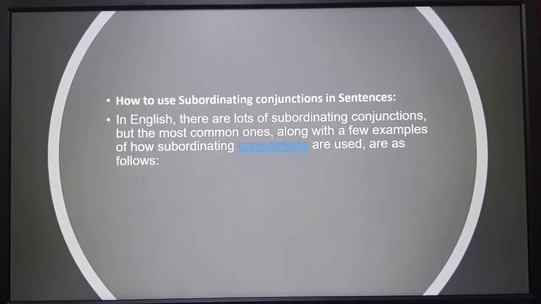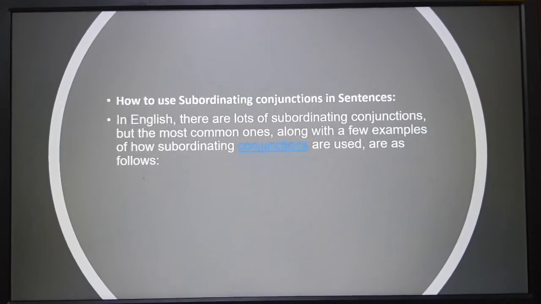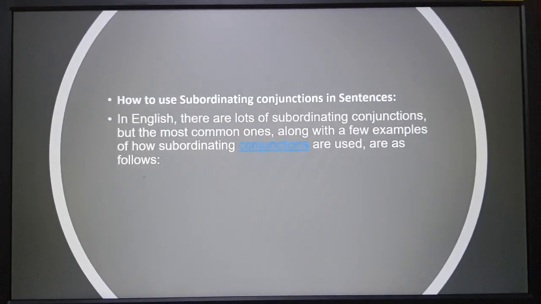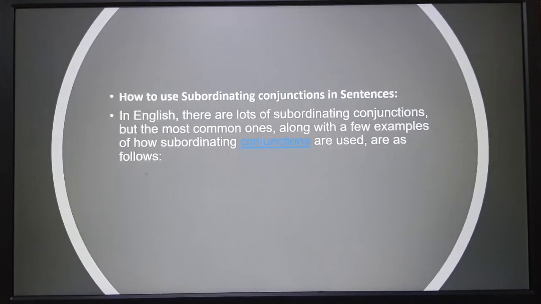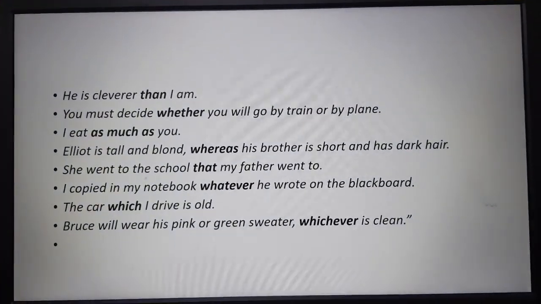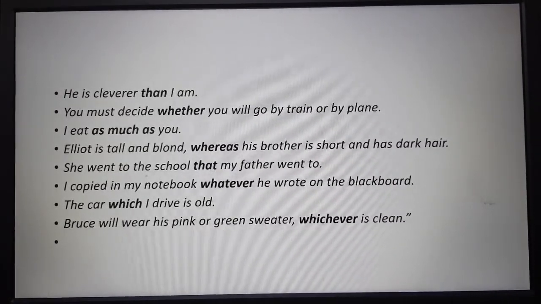How to use subordinating conjunctions in a sentence? In English, there are lots of subordinating conjunctions, but the most common ones, along with a few examples of how they are used, are as follows. In the upcoming slides, you will know more about them. He is clever than I am. You must decide whether you will go by train or by plane.